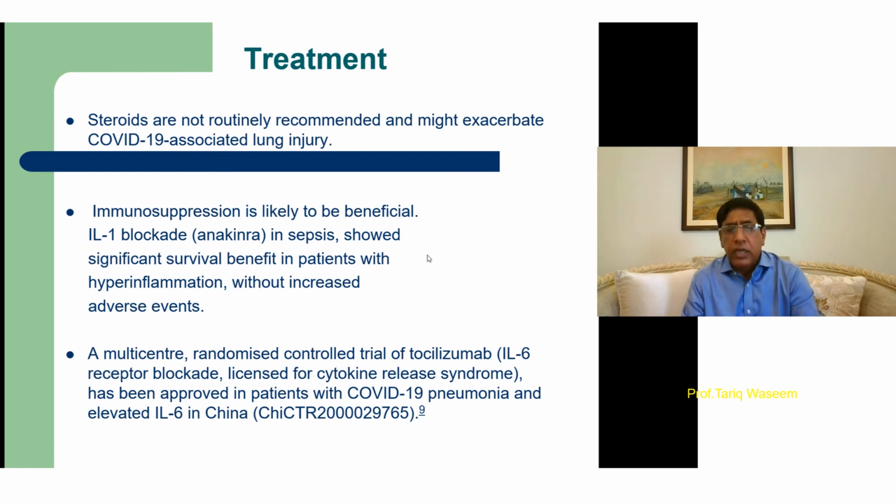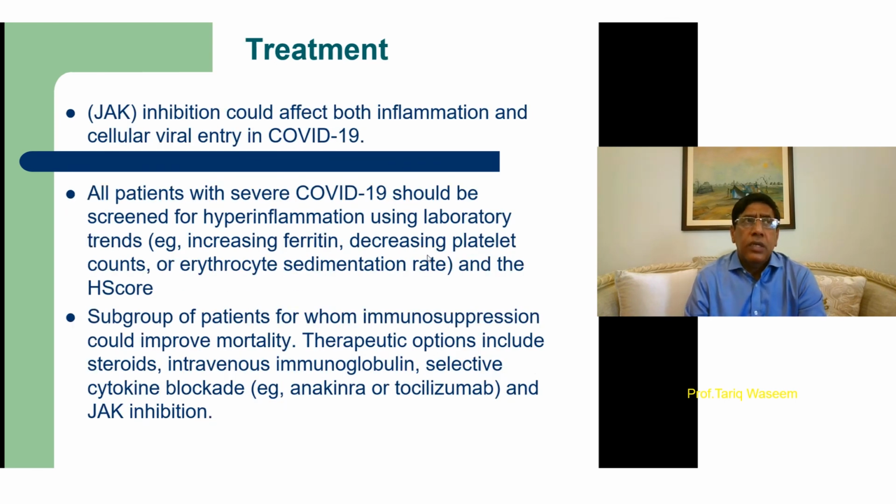In China, they treated quite a few patients with this, and surely soon we'll have the results of those trials published. Then there is JAK inhibition, which we usually use in certain kinds of cytopenias, and this could affect both inflammation and cellular viral entry of COVID-19.